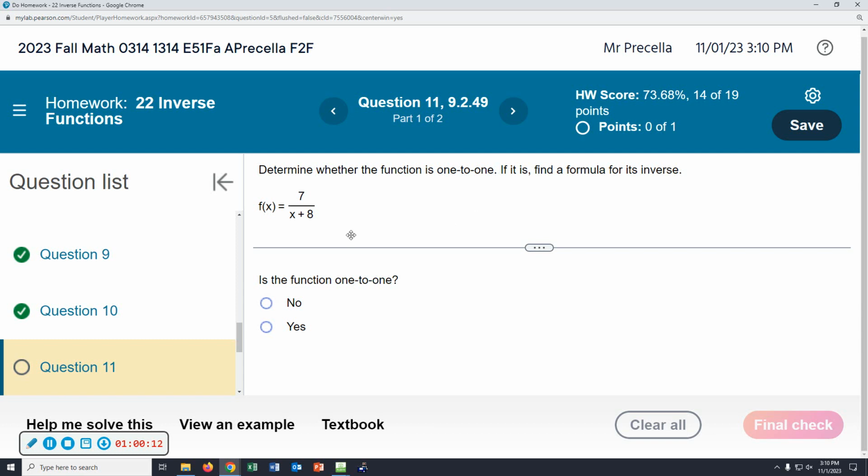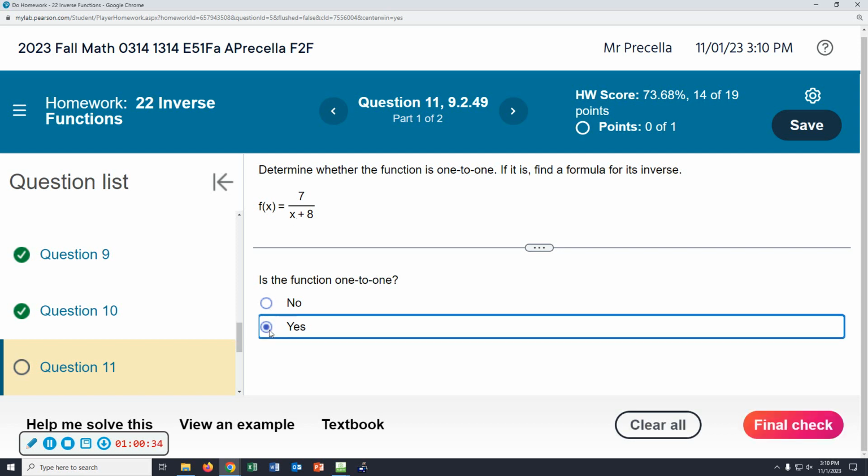How would you answer this question? Yes, you can convince yourself by plugging in positive 1 and negative 1. If you plug in a positive 1 for x, do you get the same thing as a negative 1? No. So yes, this thing is 1 to 1.